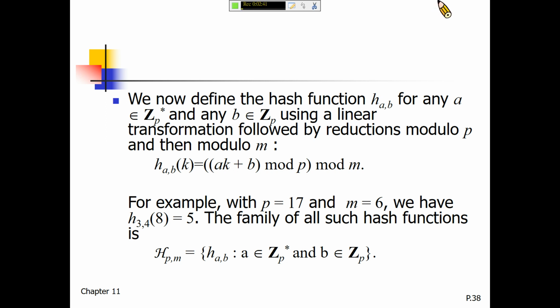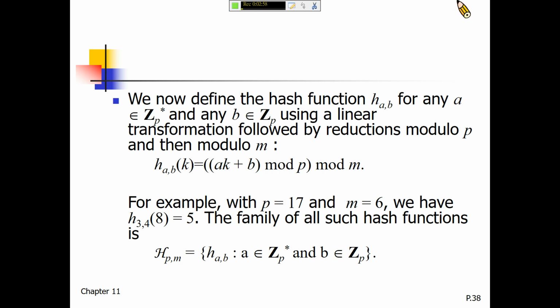This class of hash functions has a nice property that the size m of the output range is arbitrary, not necessarily prime, a feature which we shall use in Section 11.5.